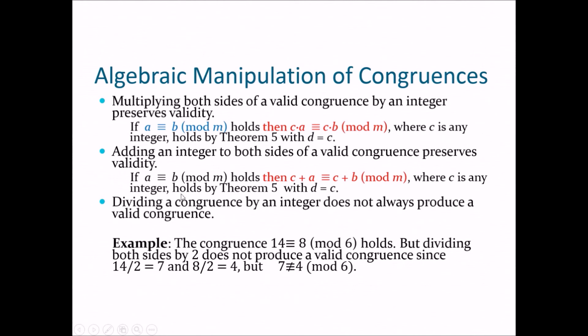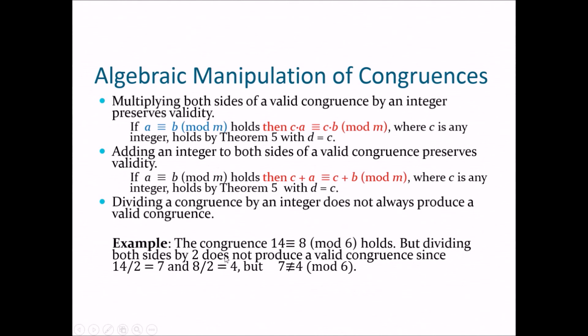Similarly, if we add an integer to both sides, we have a valid congruence relation. Division usually does not hold, and it may or may not hold. So we cannot say that division is valid. Division of a congruence by an integer does not always produce a valid congruence.